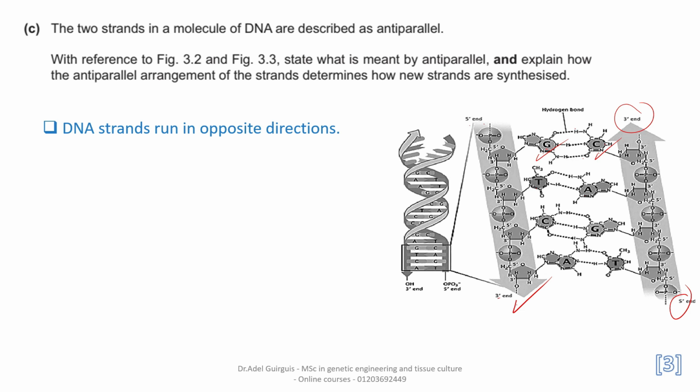Now, the second part of the question: explain how the antiparallel arrangement of the strands determines how new strands are synthesized. Since the directions are opposite, in the replication of DNA, both strands of DNA are different in synthesis. How come?